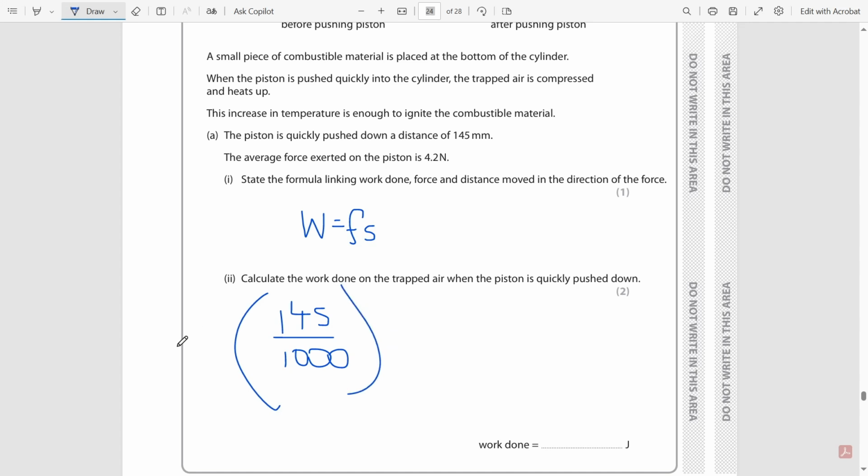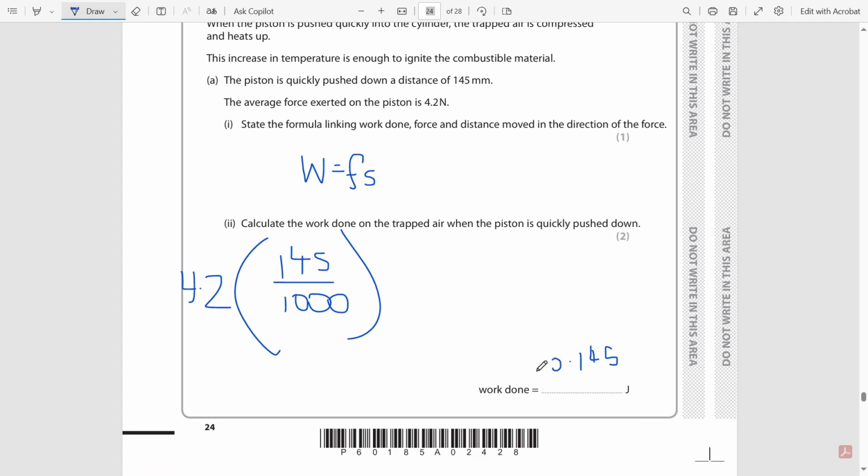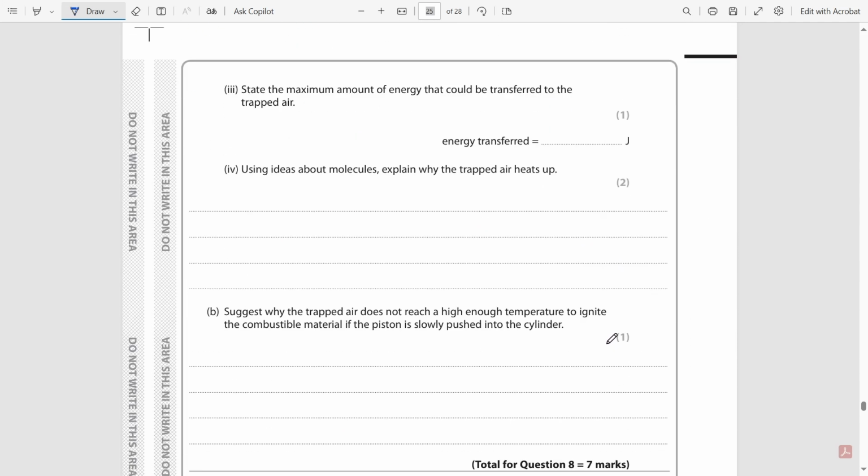So 0.145 times 4.2 equals 0.609. I'm going to put all of those marks because it's a really small number.